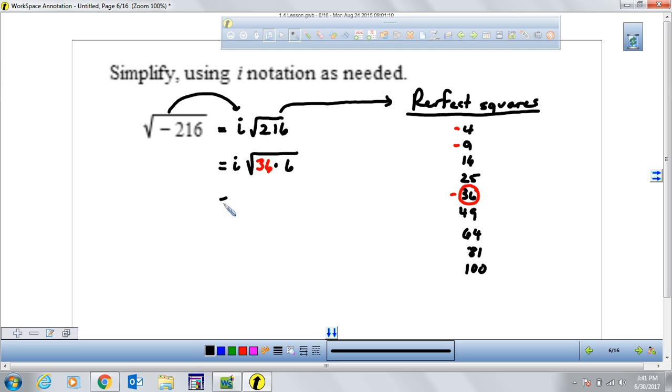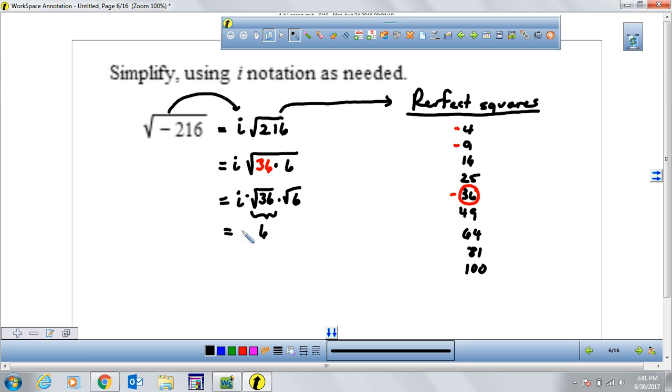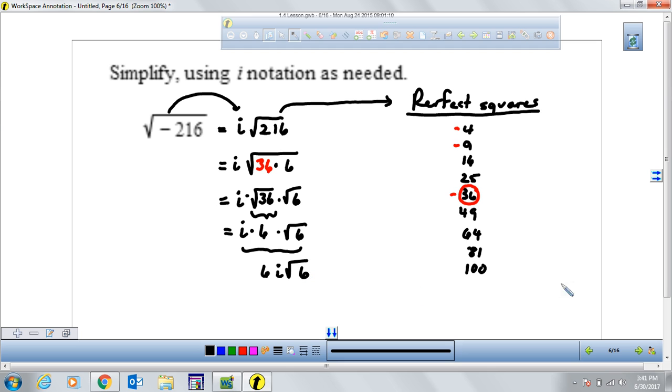Then we're going to separate it. So that would be i times the square root of 36 times the square root of 6. The square root of 36 is 6, so this is going to give me i times 6 times the square root of 6. If I put all of this together, this is going to be the same as 6i times the square root of 6.